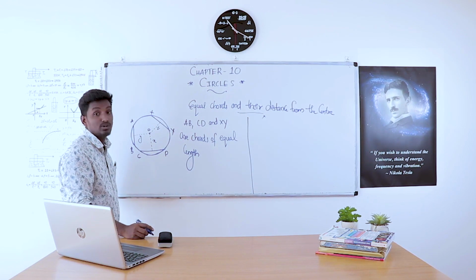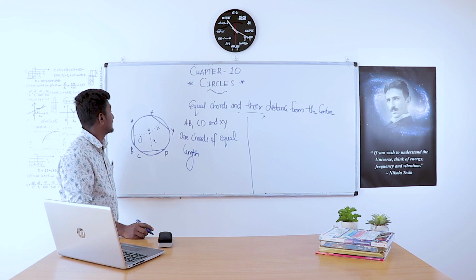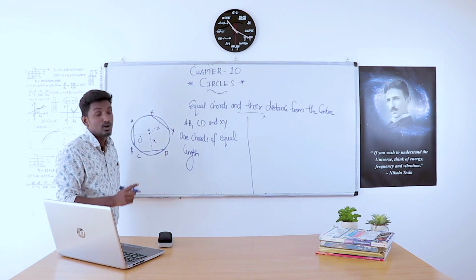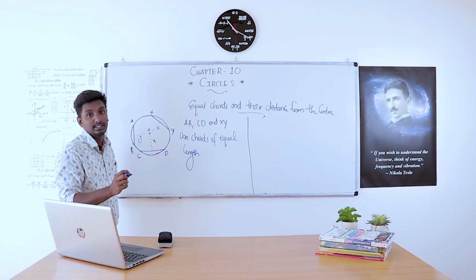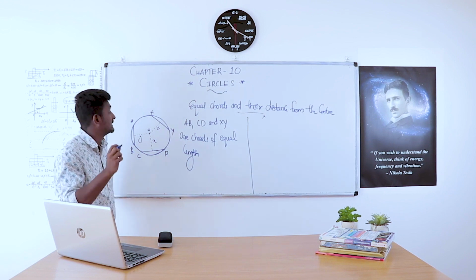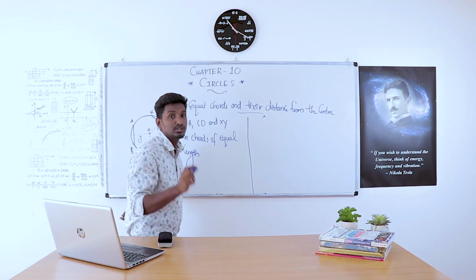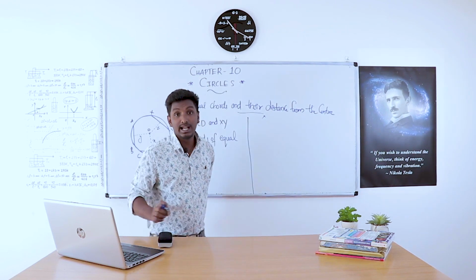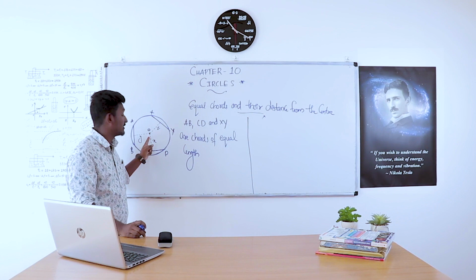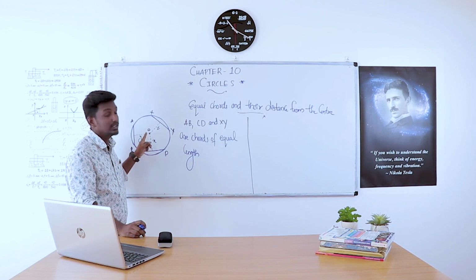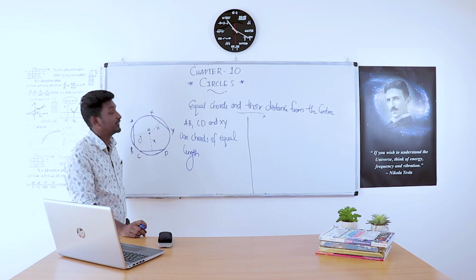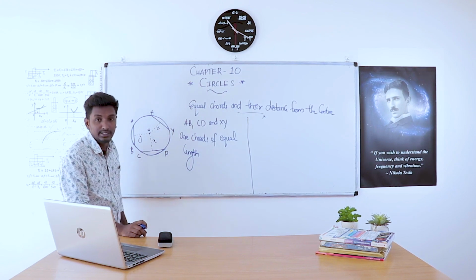The peculiarity of the chords given here is that AB, CD and XY are chords of equal length. Chords of equal length are always equidistant from the center. That means the distances from the center to the chords of equal length are equal.